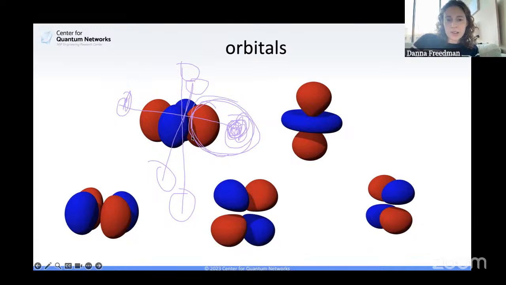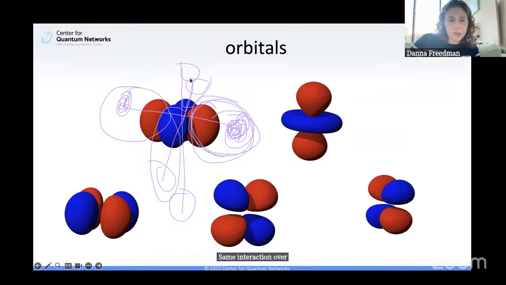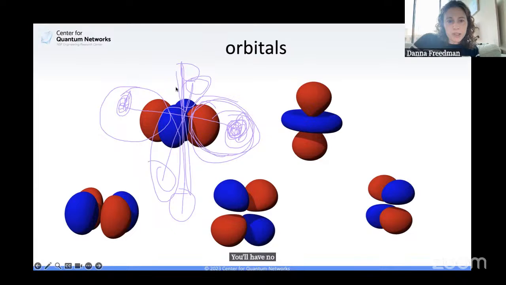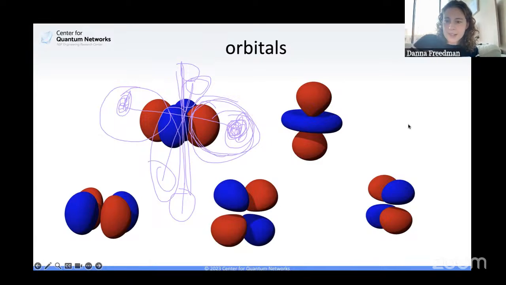This right here is, as drawn, going to comprise, for example, a bonding interaction. And you would have the same interaction over here, same interaction over here, same interaction over here. And then axially, you'll have no interaction because if you have a ball up here, the negative and the positive will balance each other out. Does this make sense?